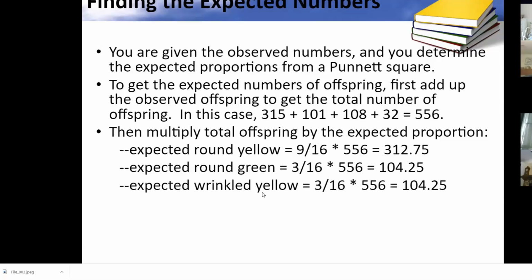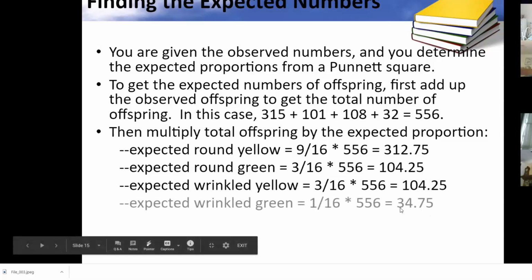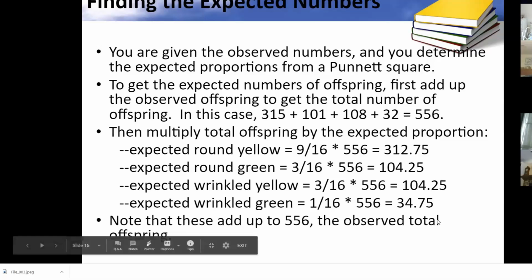Expected for wrinkled yellow, 3/16 times the total to get my expected value. And wrinkled green, which is double recessive, right? 1/16 times the total to get my expected value. Tell me to wait if you want me to wait at this point.